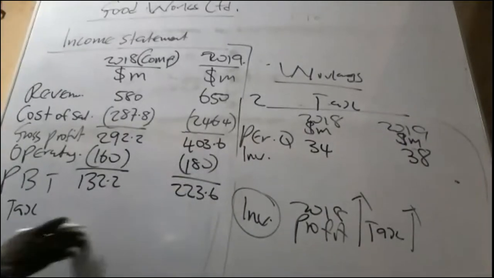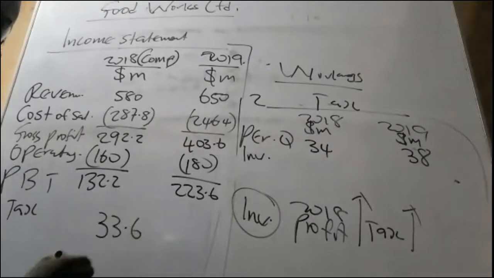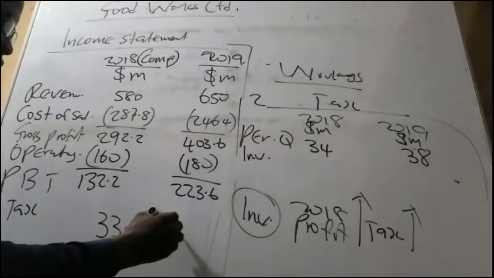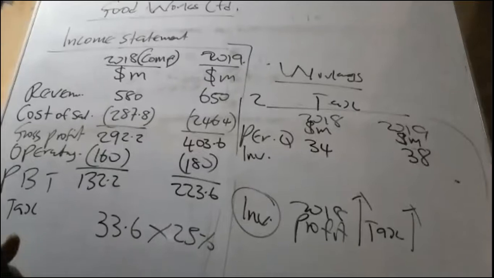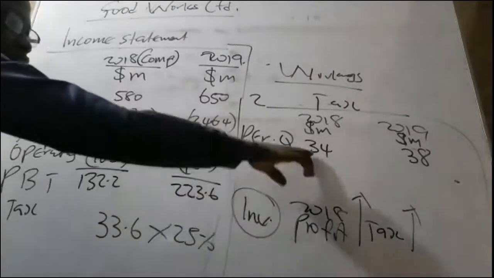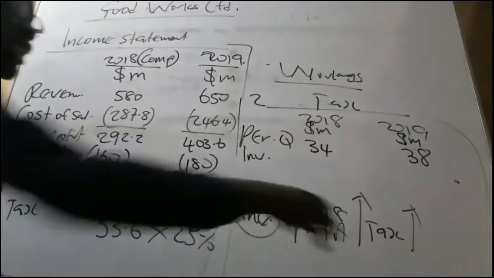What was the error? It was 33.6. Multiply that by the tax rate, which is 25%, and you have to what? Subtract. Why are we subtracting? Because as a result of the mistake, it has caused the tax to be more, because the more profit we get, the more tax.